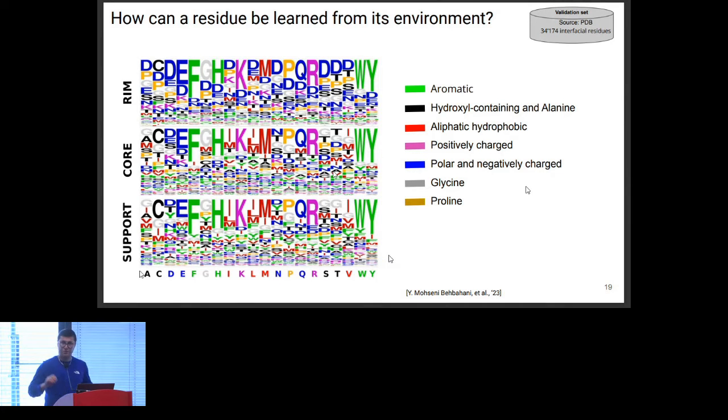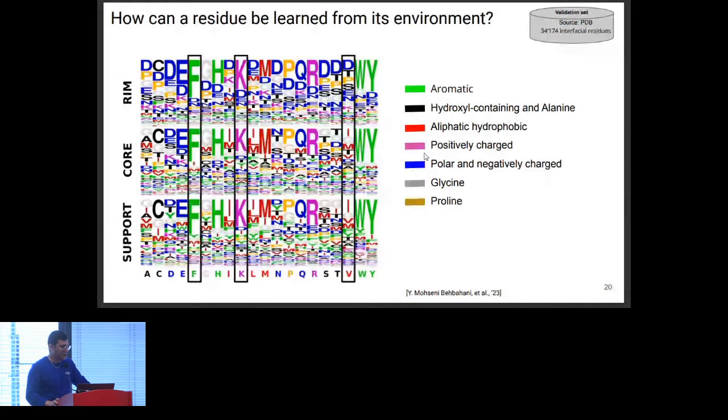The x-axis are the targets, the true amino acids, and the y-axis are the propensity of the predicted amino acids, divided into different structural regions: support, core, and rim. Also, we colored the amino acids based on their physicochemical properties. We classified them into 7 classes that you can see here.